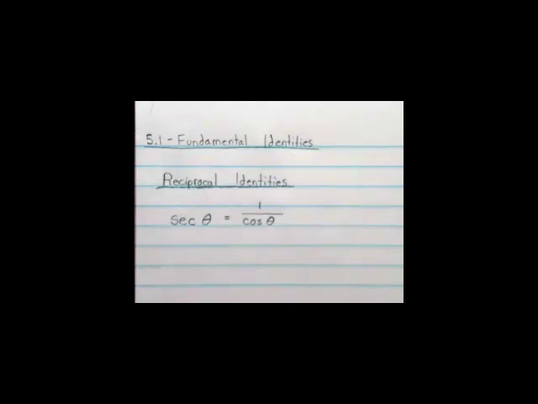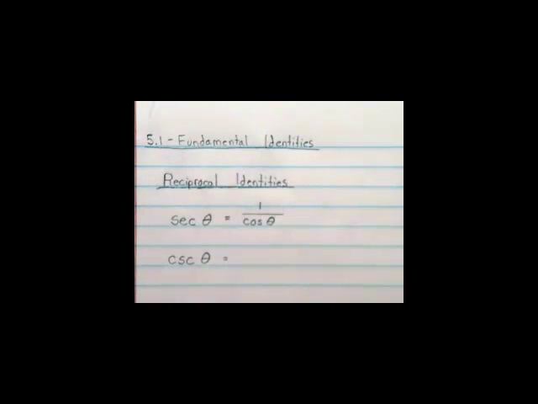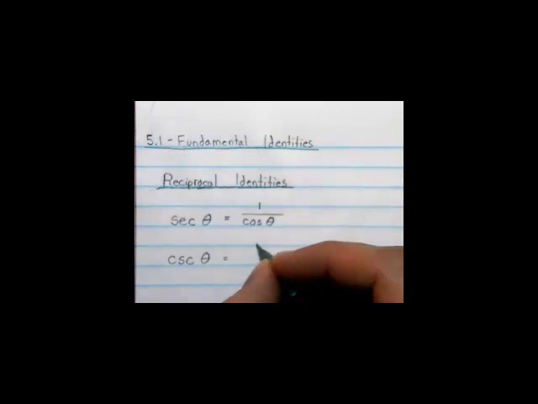There are 5 more. I bet you guys can probably get them all if you thought about it hard enough, but I'll try and help you out here a little bit. Let's get the 2 more obvious ones here first. What's cosecant? 1 over sine.